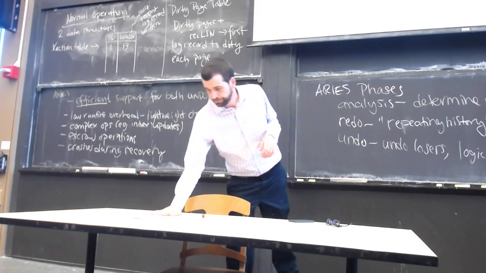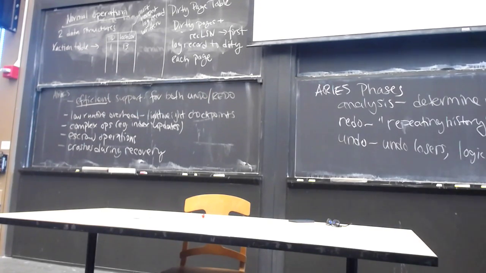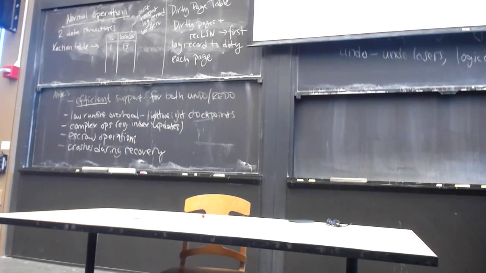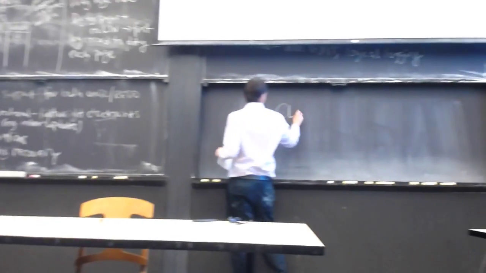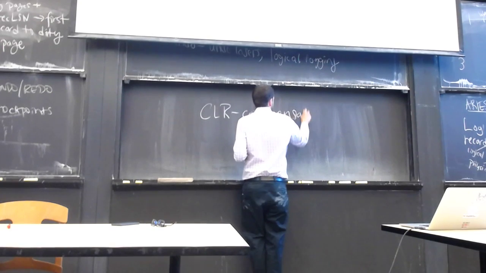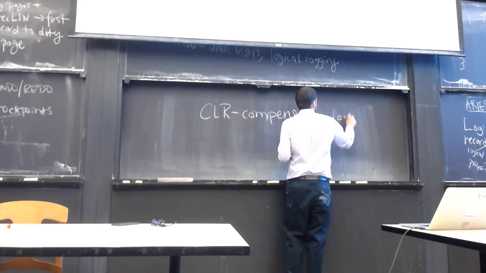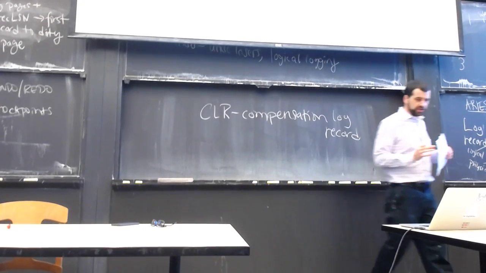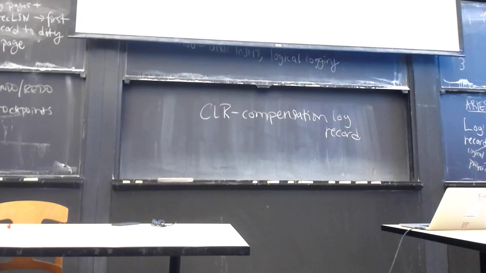And the trick is that as we're recovering, we actually write a special kind of log record called a compensation log record. The CLR is a compensation log record. A compensation log record records the fact that we undid something during recovery.